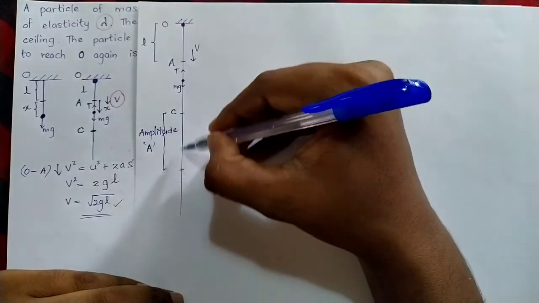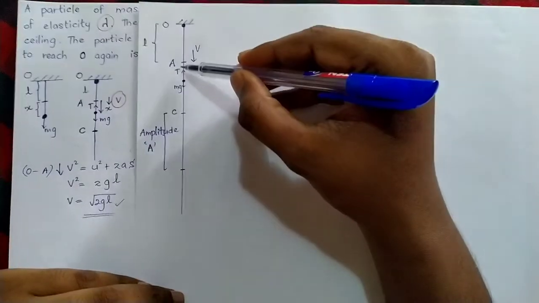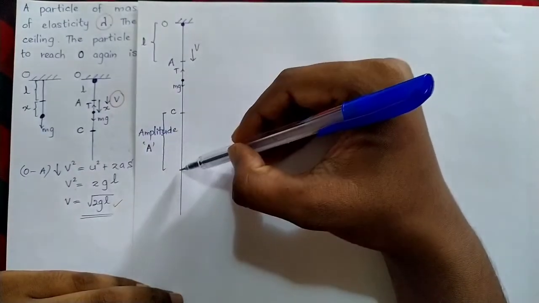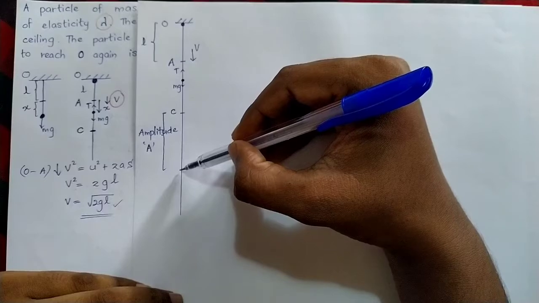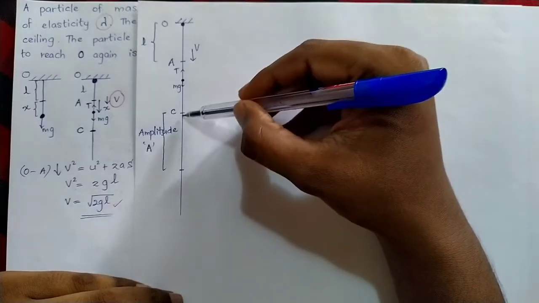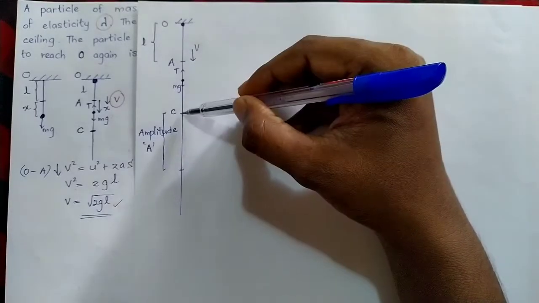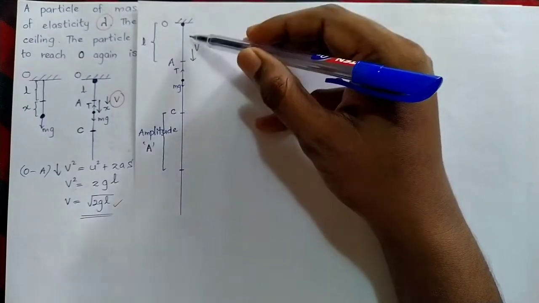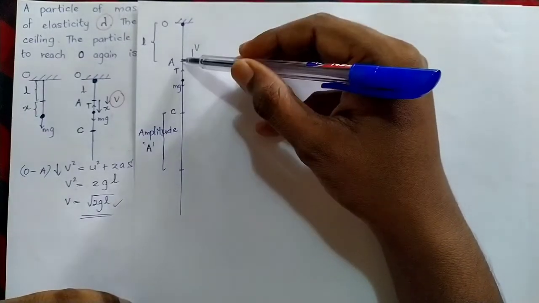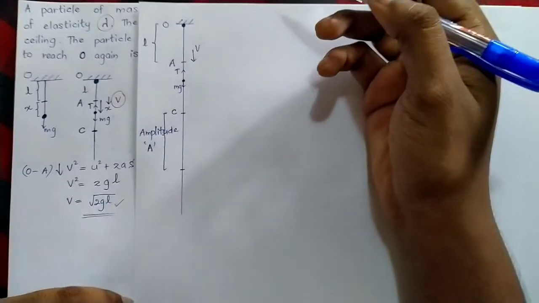After that it is performing a simple harmonic motion. This is the center, this is the amplitude. Now this particle will move back a similar distance upward, that is above C. We don't know whether it is more than this or less than A.